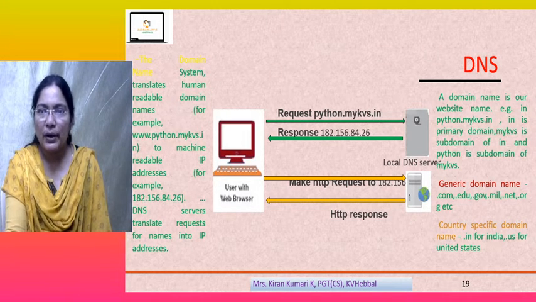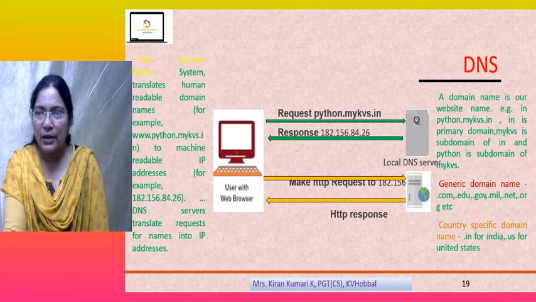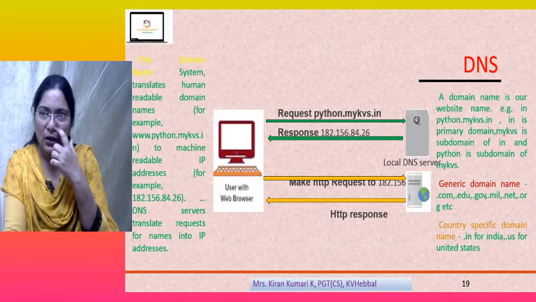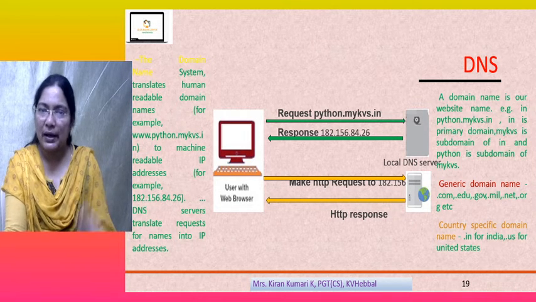What is the domain name? A domain name is our website name, for example in this case python.mykvs.in. Here .in is the primary domain, mykvs is the subdomain, and python is the subdomain of mykvs.